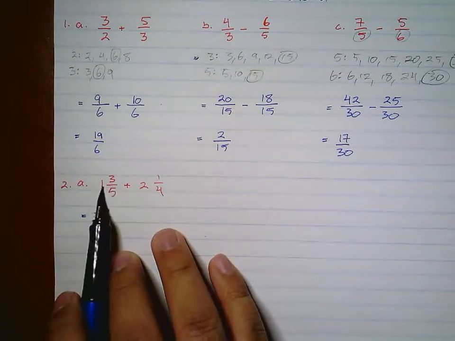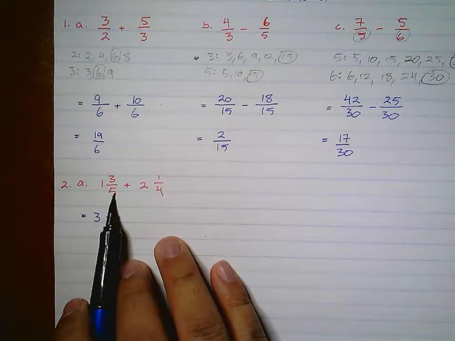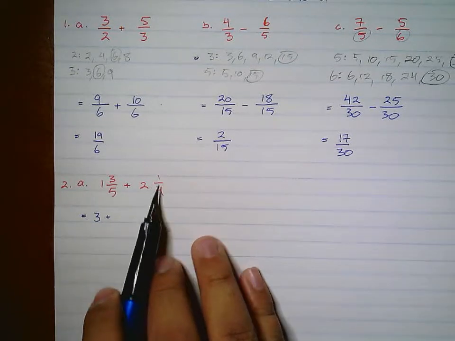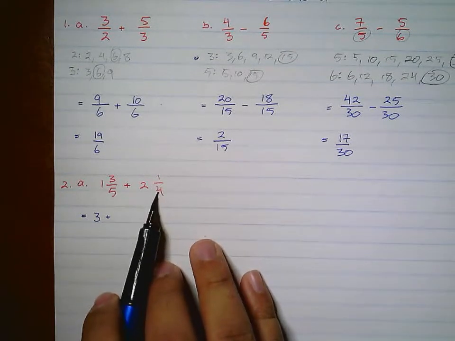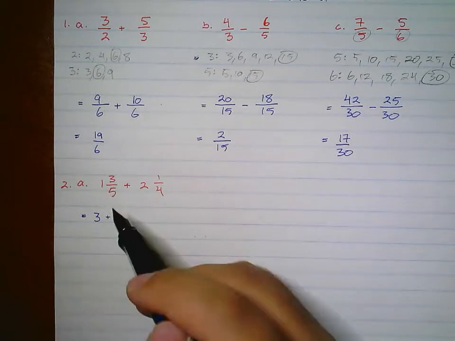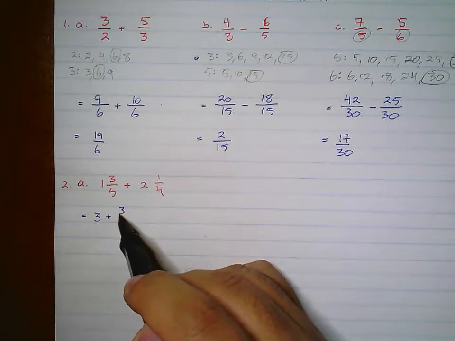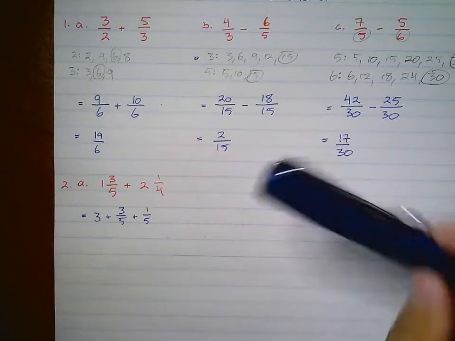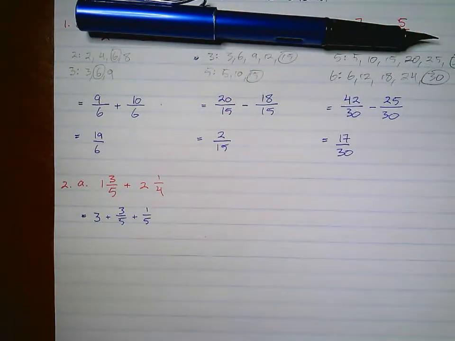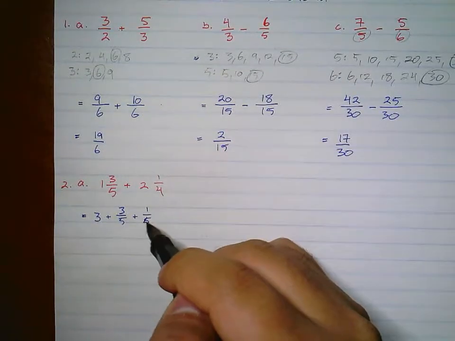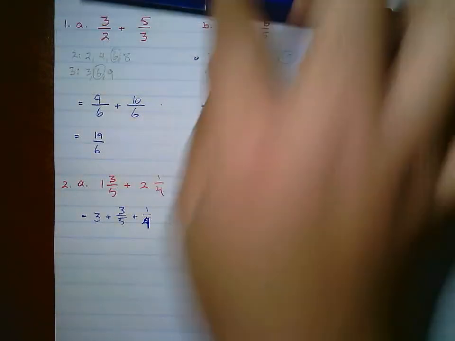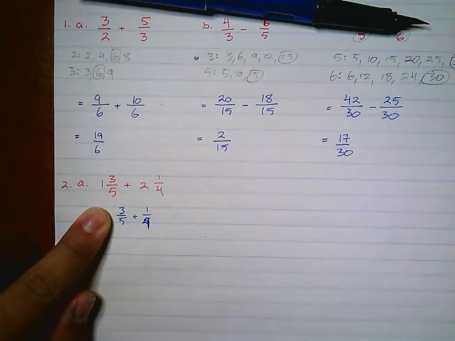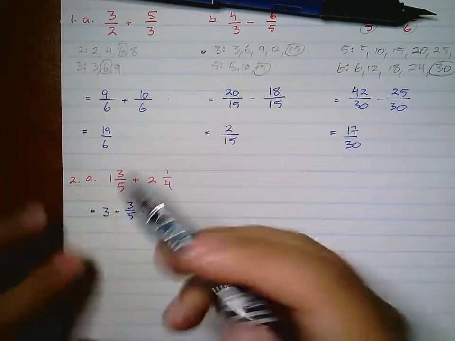Because this is 1 plus 3 fifths and 2 plus 1 quarter, in actual fact we have to add the fractions separately. And then we focus solely on these two, like we normally would.